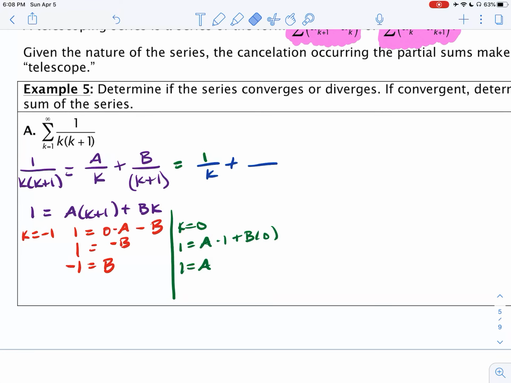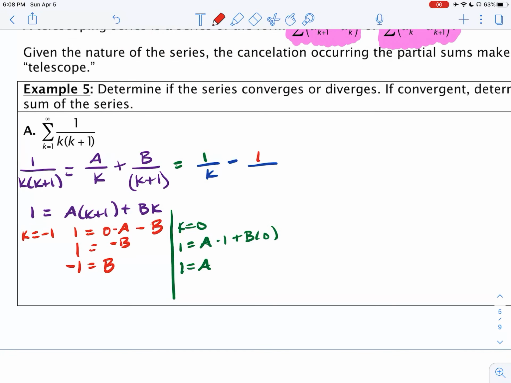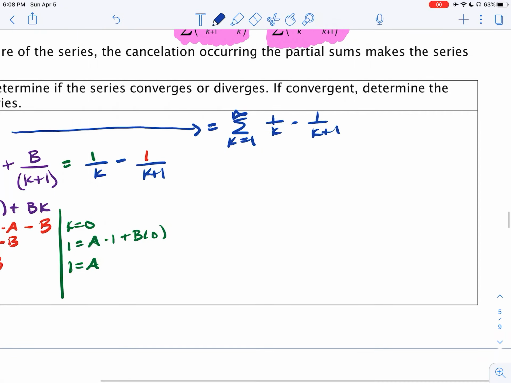So we can erase that plus and say this is equal to 1 over k minus 1 over k+1. Good. So then we can say that our series is equal to the sum from k equal 1 to infinity of 1 over k minus 1 over k+1. And now we have the telescoping series form.